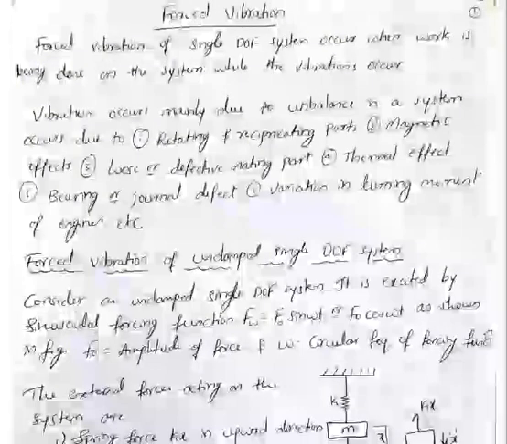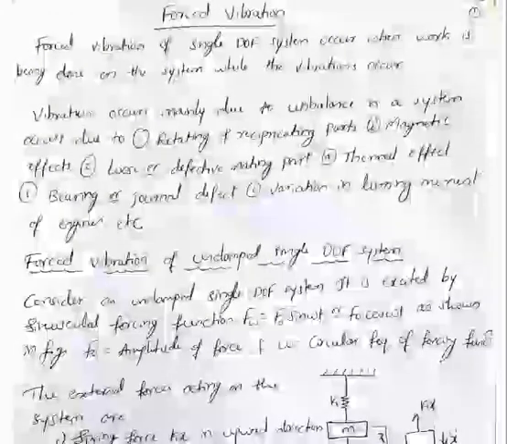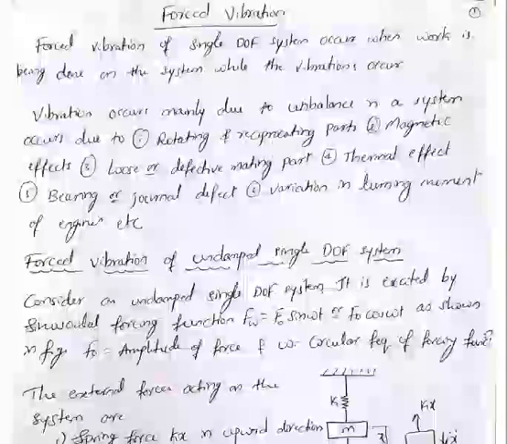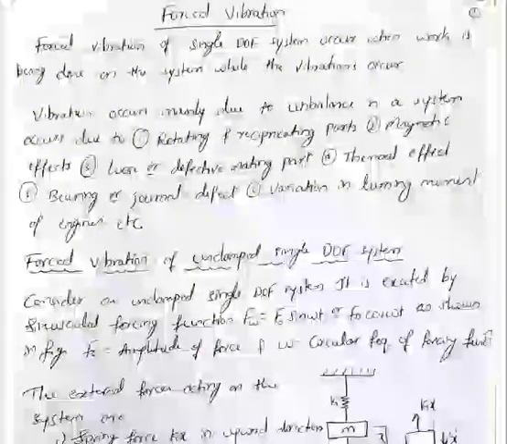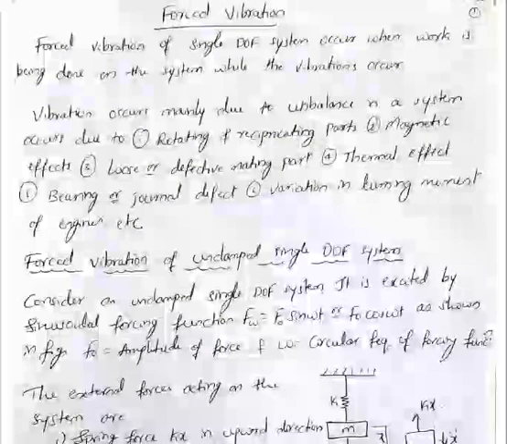Then the external excitation to a system can be easily detected, and the other excitation is the internal one, and this occurs due to unbalance or defects in the system itself.